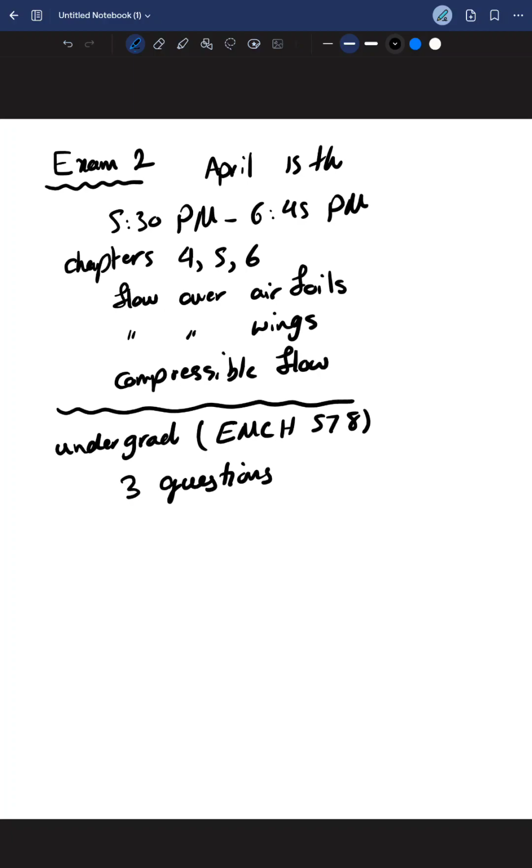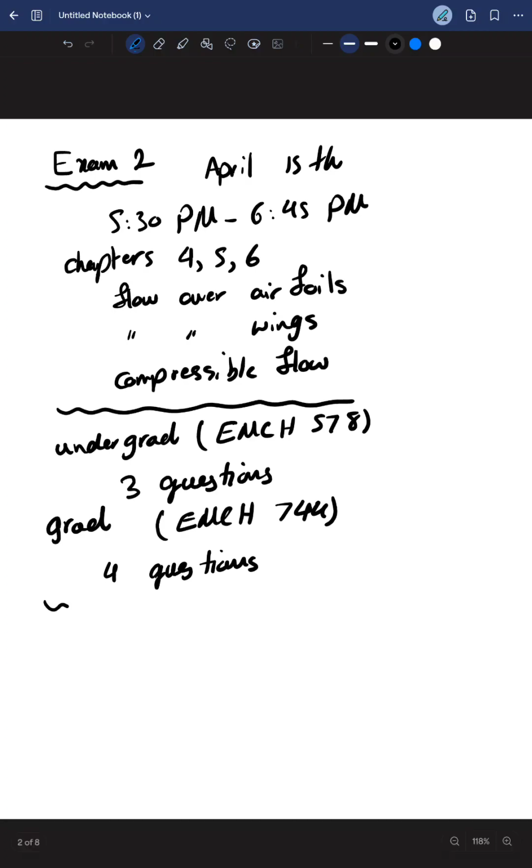If you are a graduate student, meaning that you have registered for EMCH 744, you have to answer 4 questions. The exam is going to have a total of 4 questions, and it's going to be worth 25 points.